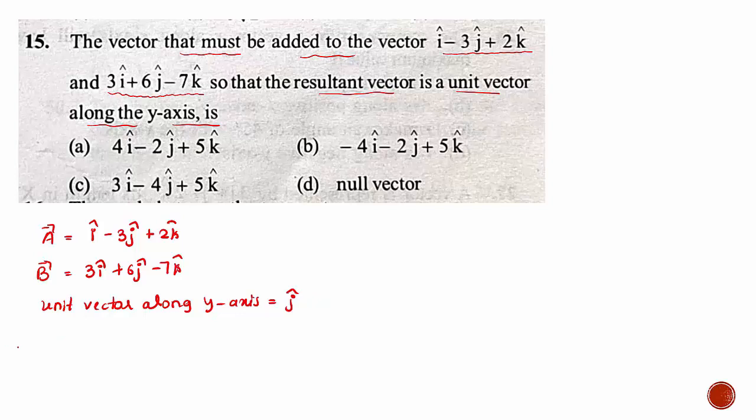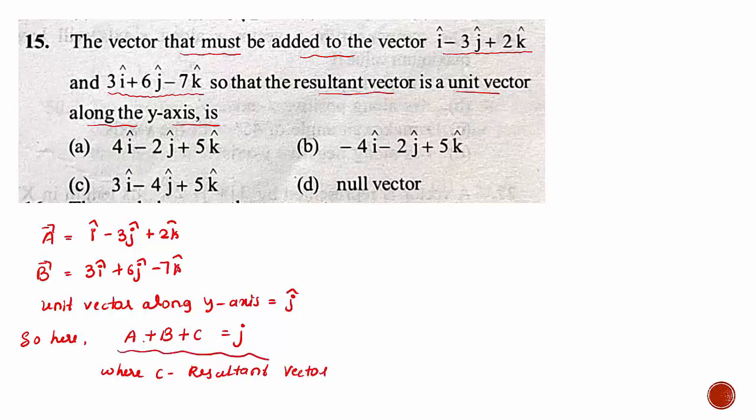I am going to write here: A plus B plus C equals j. J is the unit vector along y-axis. What is C here? C is the resultant vector.